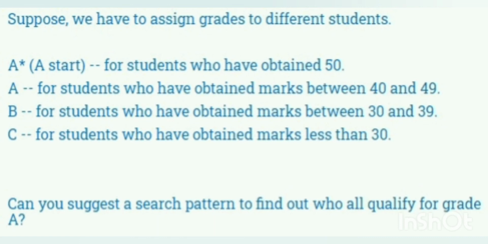A asterisk for those who have obtained 50, grade A for students who have obtained marks between 40 and 49, grade B for students who have obtained marks between 30 and 39, grade C for those who have obtained marks less than 30. Can you suggest a search pattern to find out who all qualify for grade A?